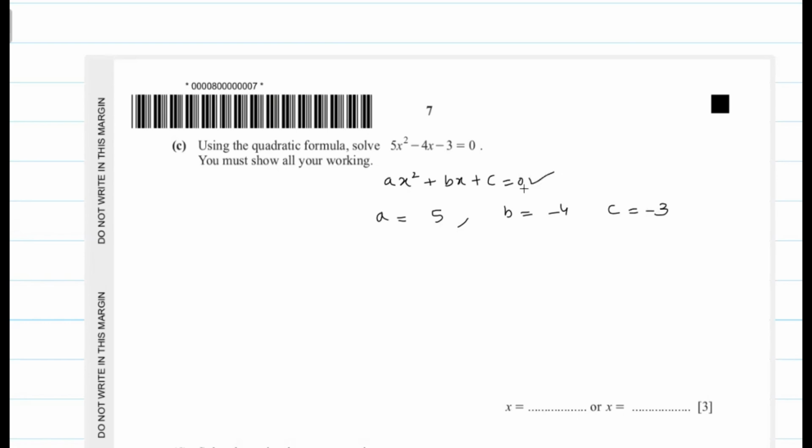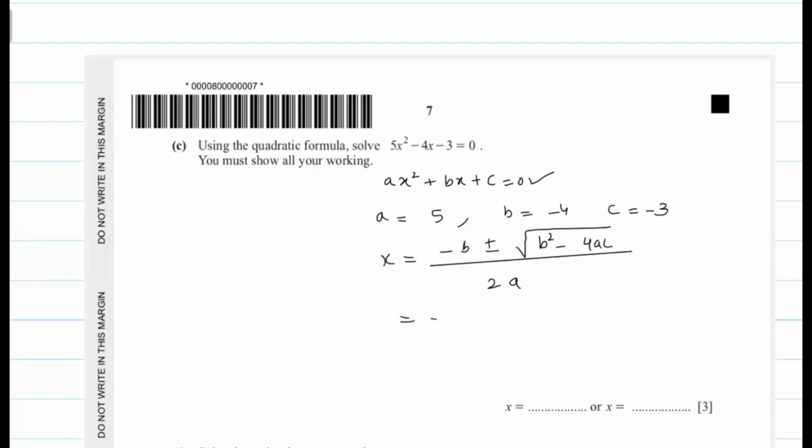To solve the quadratic equation, we use this formula: x equals minus b plus minus the square root of b squared minus 4ac, over 2a. We substitute the values of a, b, and c.